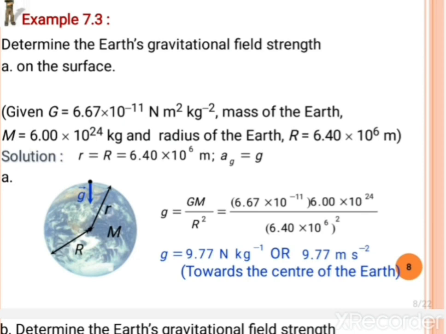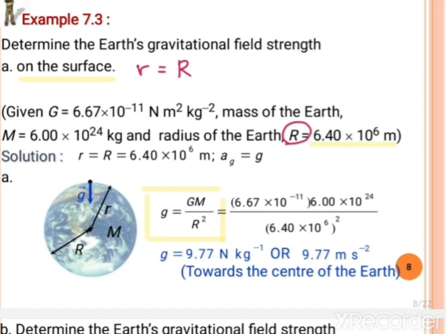Given mass of Earth 6 times 10 power 24 kilogram. Radius of Earth 6.4 times 10 power of 6 meter. And then we use the equation g equal to GM over R squared. Because the question asks on the Earth's surface, the value of R will be the radius of Earth, which was given here.